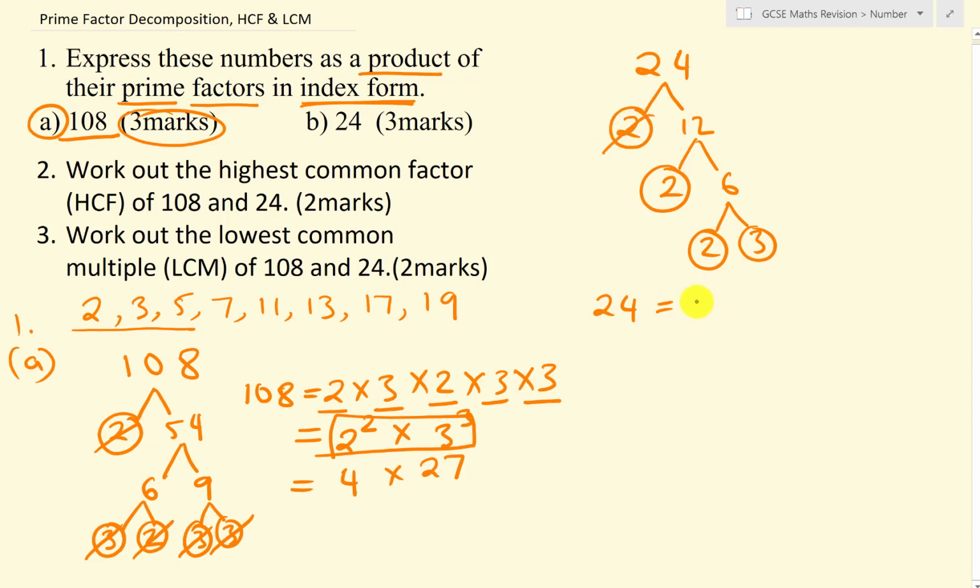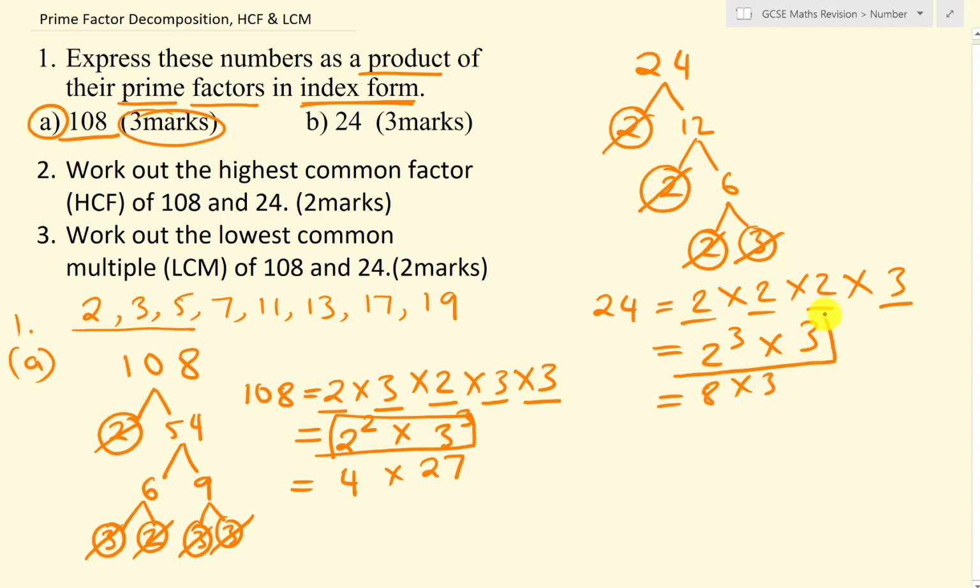So we have 2 times 2 times 2 times 3. In index form, we can write 2 times 2 times 2, which is 2 cubed, times 3. Let's check our answer. 2 cubed is 8, times 3, which gives us 24. So our answer is 2 cubed times 3.